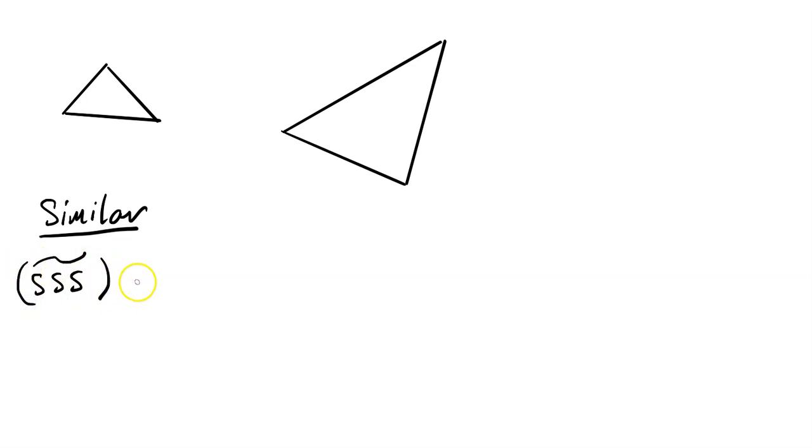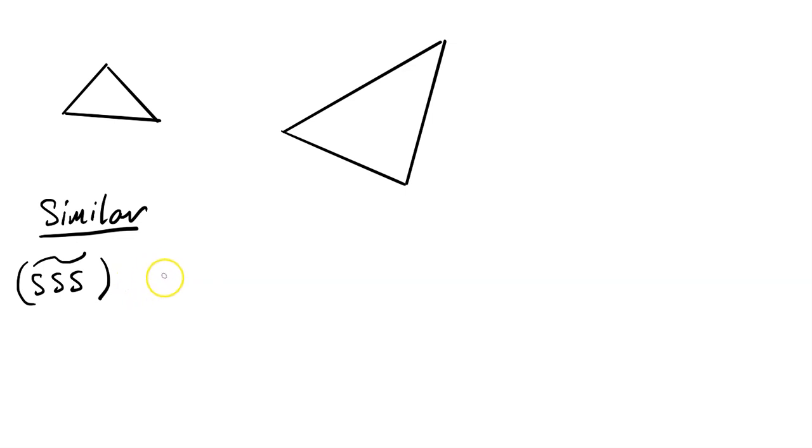In a similar fashion, we have three conditions that can determine if two triangles are similar. So if one of these three conditions is satisfied, then we know that the two triangles are similar. The first condition we write as SSS with a wiggly line.